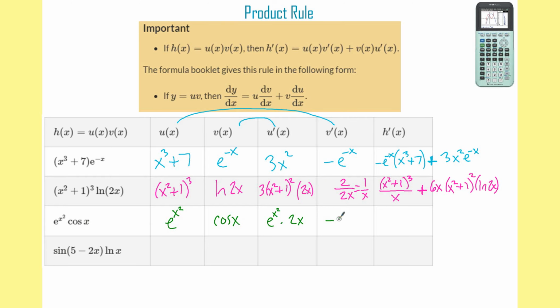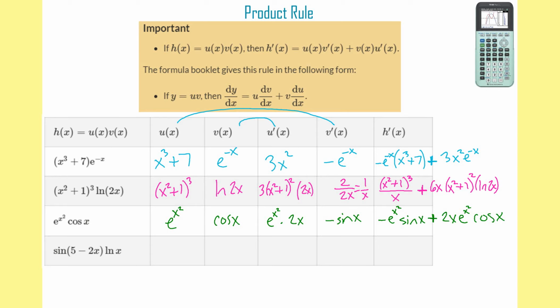The derivative of cosine is negative sine. And then we mix and match. So we get negative e to the x squared sine of x, plus these two multiplied together. I'm going to rewrite it kind of nicer: x squared cosine x.